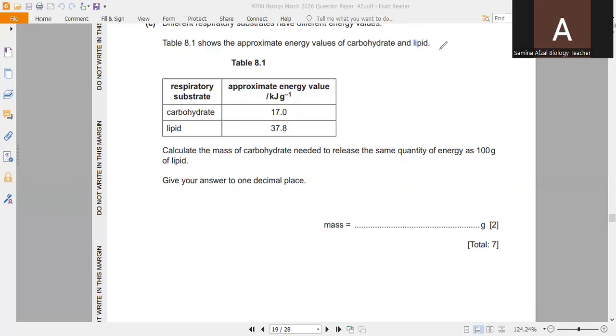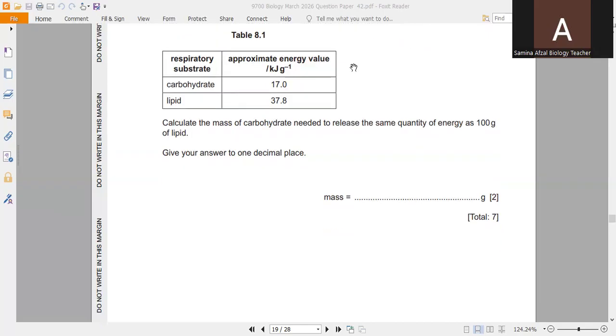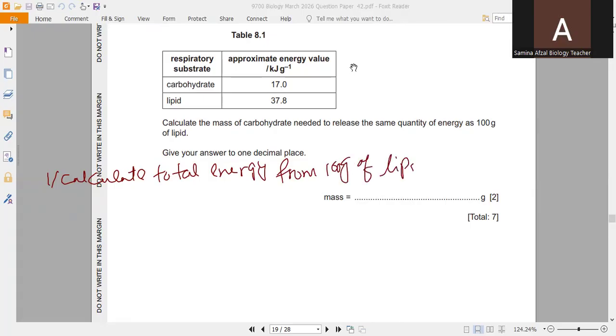So the total energy is equal to 100 multiplied by 37.8.